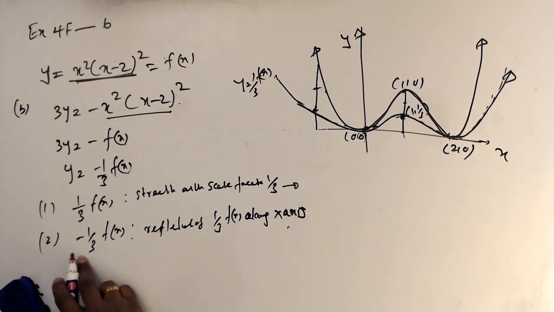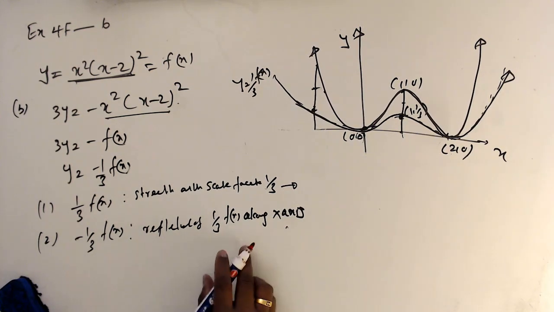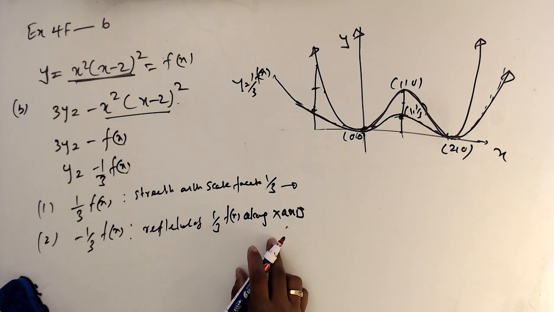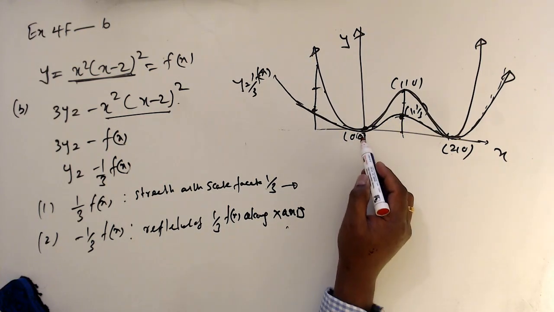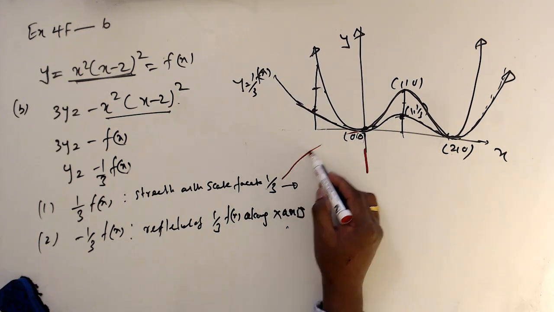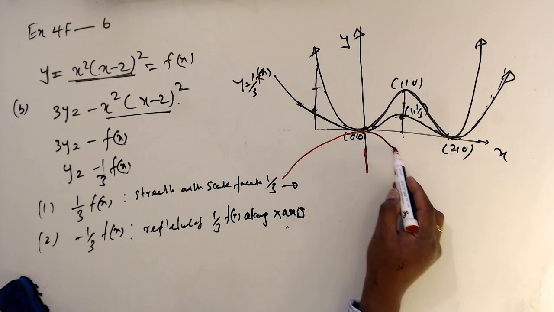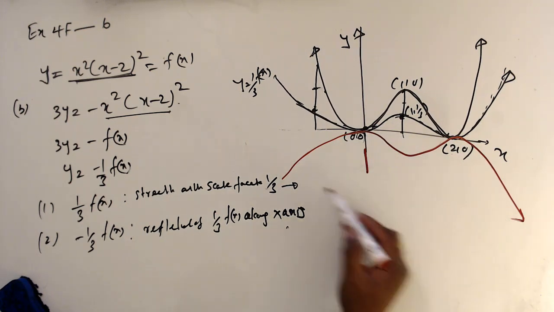Now the second bit, minus 1 over 3 f(x). It means I want to reflect this 1/3 f(x) in the x-axis. So in that case, it's going to be something like that.